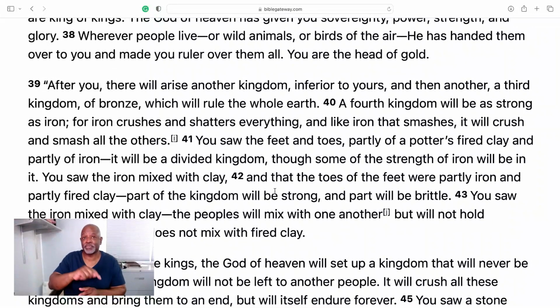And by the way, from chapter 7 on in Daniel, these are a complete explanation of this dream. In other words, Daniel chapter 7 to 12 is interpretation and explanation of this human form that King Nebuchadnezzar is seeing. Verse 40, your fourth kingdom will be as iron, for iron crushes and shatters everything, and like iron that smashes, it will crush and smash all others.